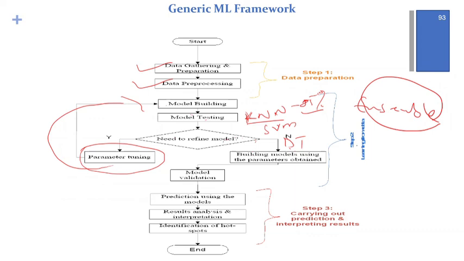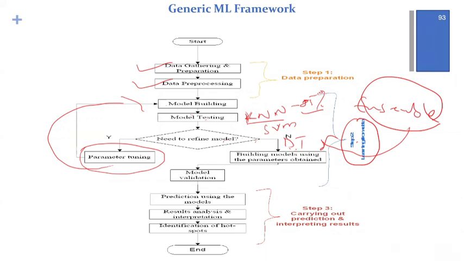So this is the same area. We call it learning from data. This is the middle phase. This is phase 2. Phase 1 is data preparation. Phase 2 is learning from data. This is where ensemble also comes in. But my advice is always try to check on simple learners, simple classifiers before going to ensemble.